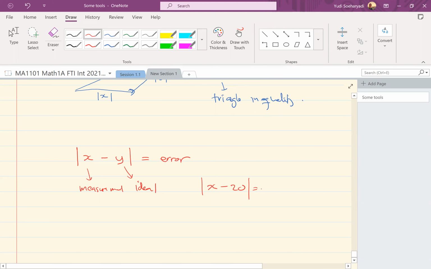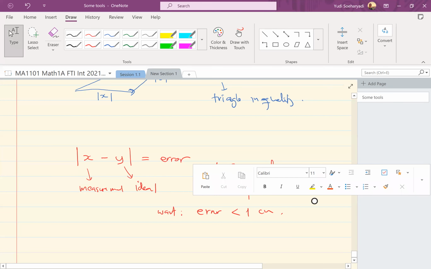Say you want the error less than 1 centimeter, for example.